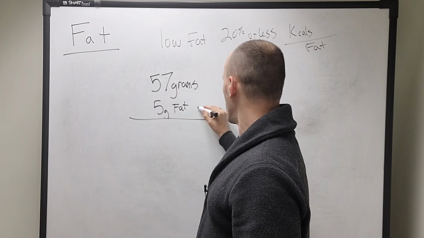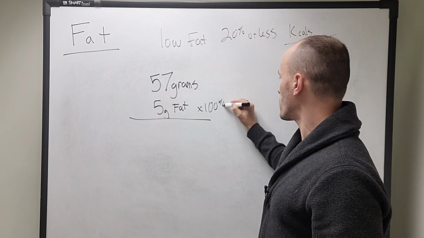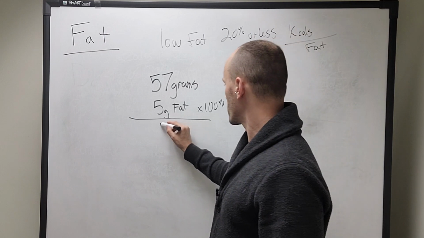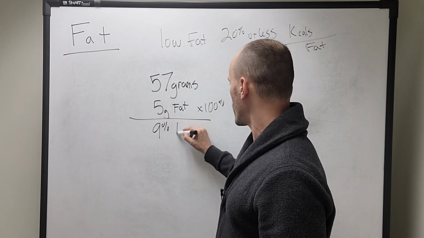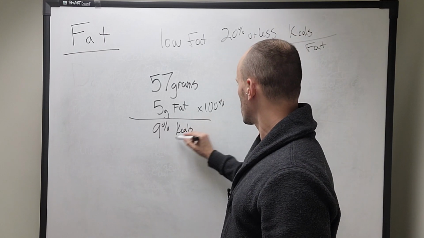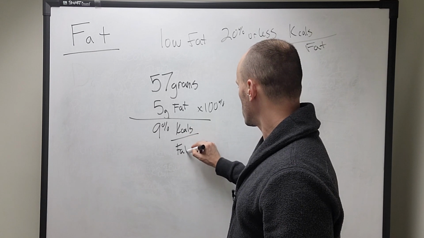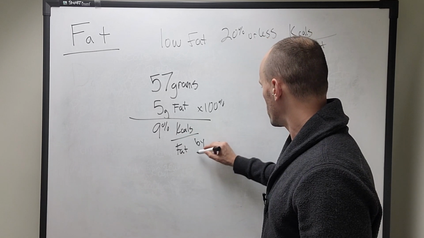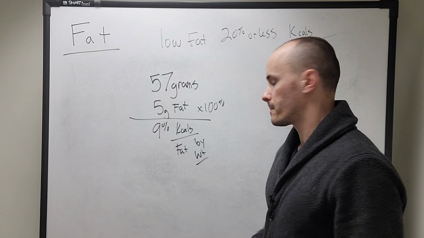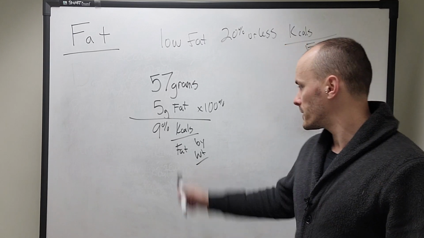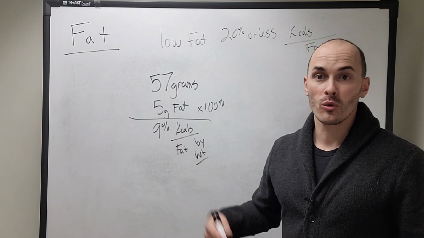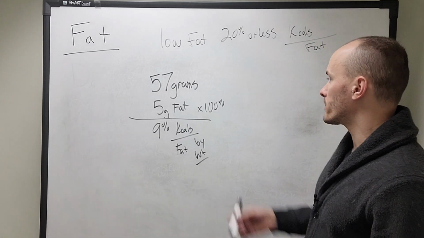So you multiply by 100%, and what you're going to get is 9% fat by weight. This is what the food industry will use when they're describing fat on a label.